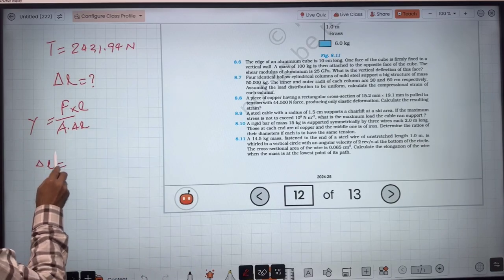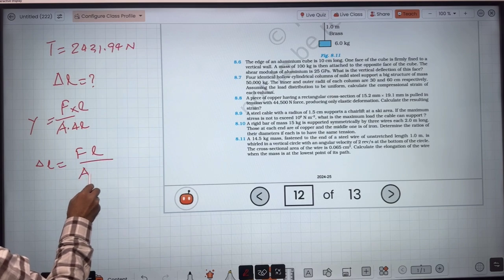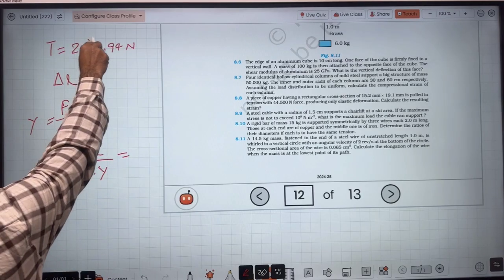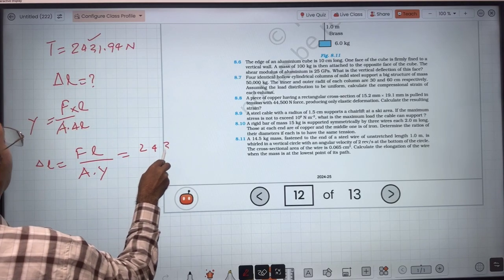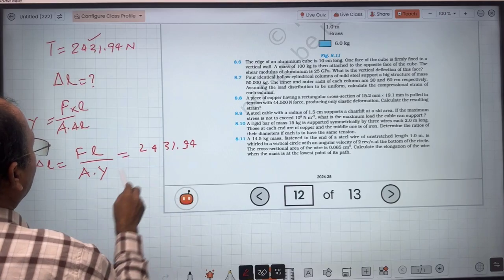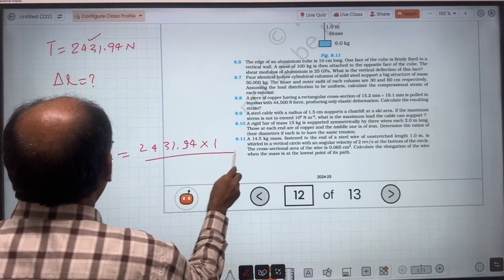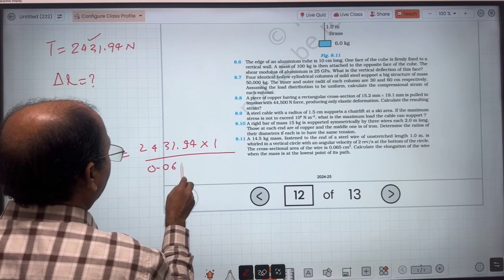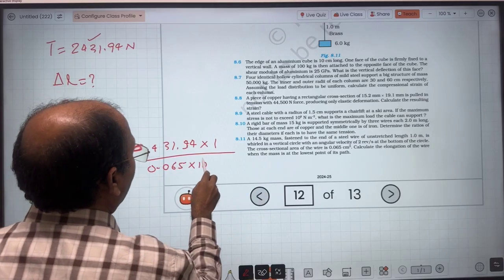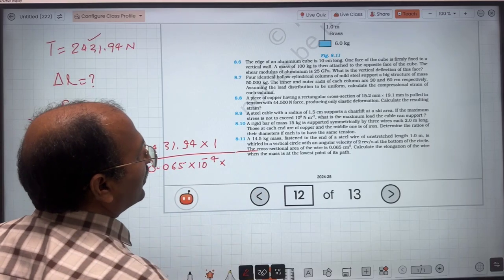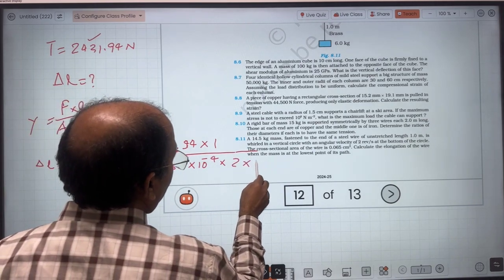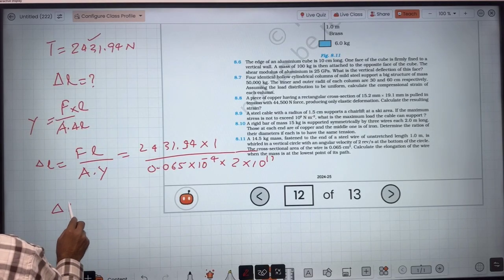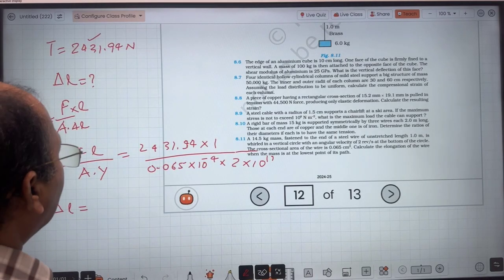So delta L is equal to FL divided by A into Y. So the force we have calculated, this much, 2431.94, into the length of the wire, 1, divided by the area of cross section given in our question, 0.065 into 10 to the power minus 4, into Young's modulus for steel, 2 into 10 to the power 11. Now all that is left for you is the calculation.